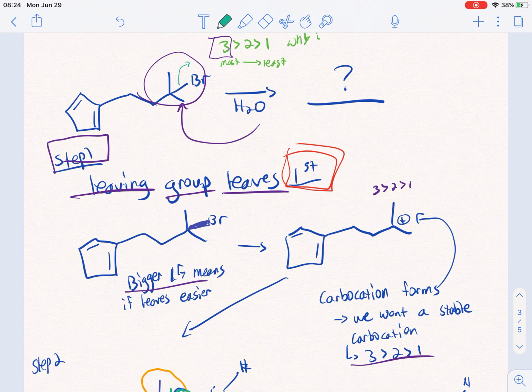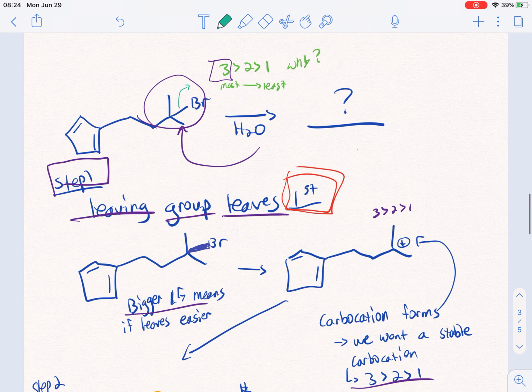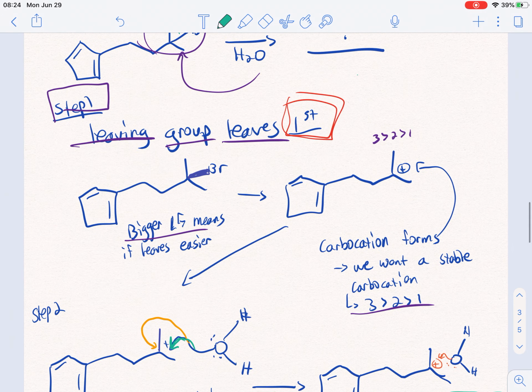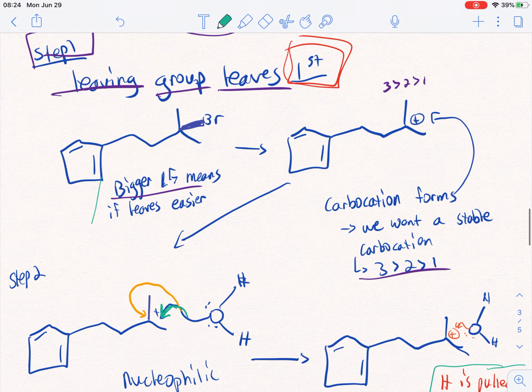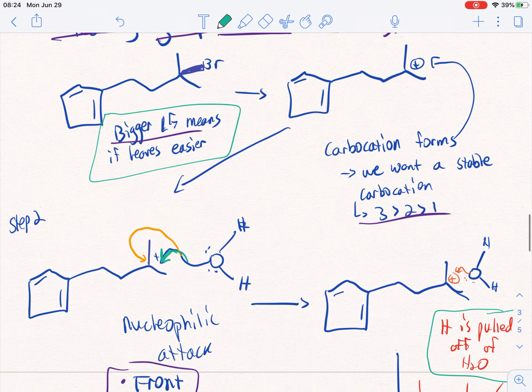Now, there are examples of reactions where the leaving group leaves and then you end up having like a ring expansion, but we're not gonna go into that just yet. I'll do a video on ring expansions, but that carbocation wants to be stable, right? Which is why the leaving group leaves first, okay? And the bigger leaving group is still what it wants.